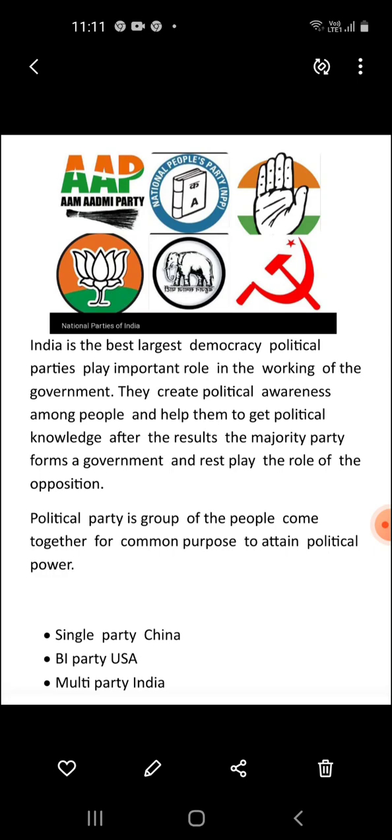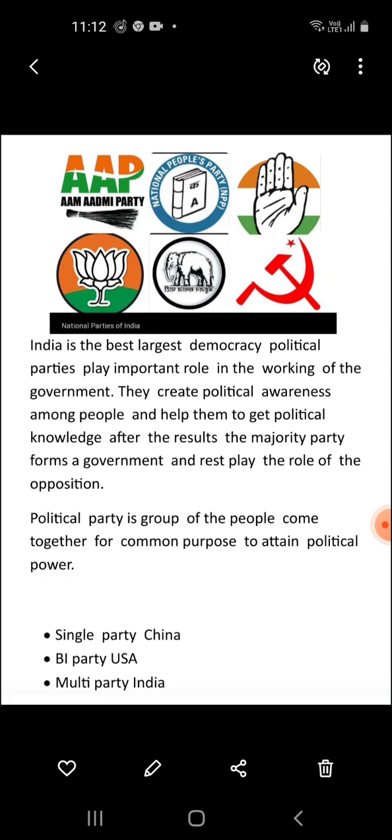A person who has attained 18 years of age has a right to vote without any discrimination of caste, creed, gender, and on economic grounds. And right to vote is a fundamental right.